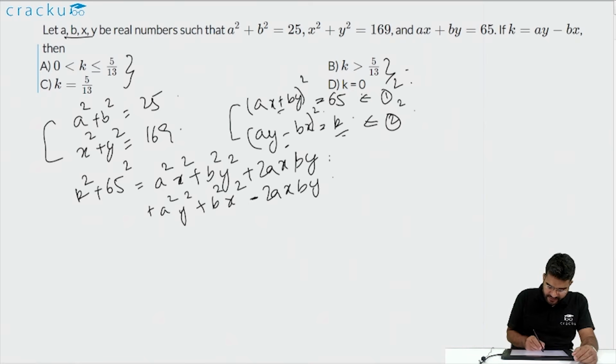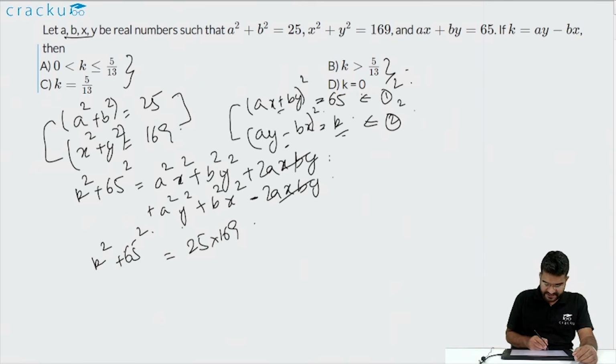Now if you add both of them, you can cancel out the axby term, and it will be a square x square plus b square y square plus a square y square plus b square x square. Now we should immediately recognize that this is actually the first equation into the second equation. So this is equal to 25 into 169. So k square plus 65 square is equal to 25 into 169.